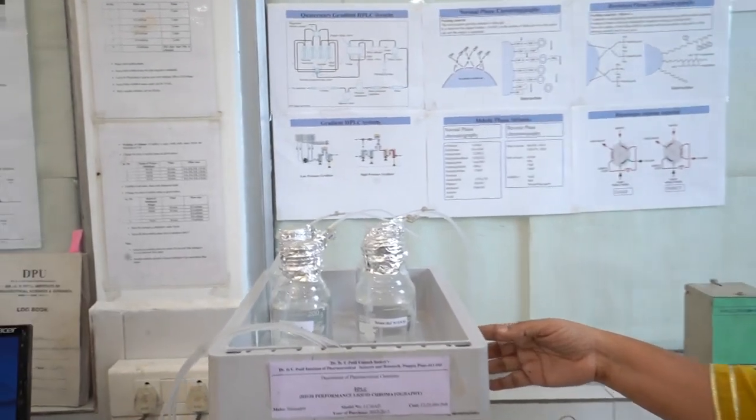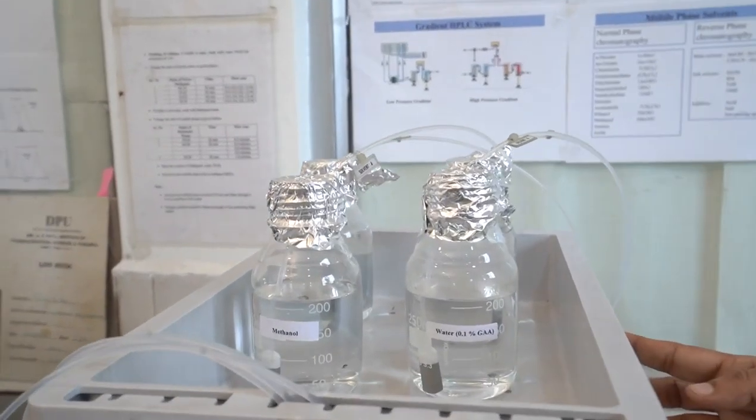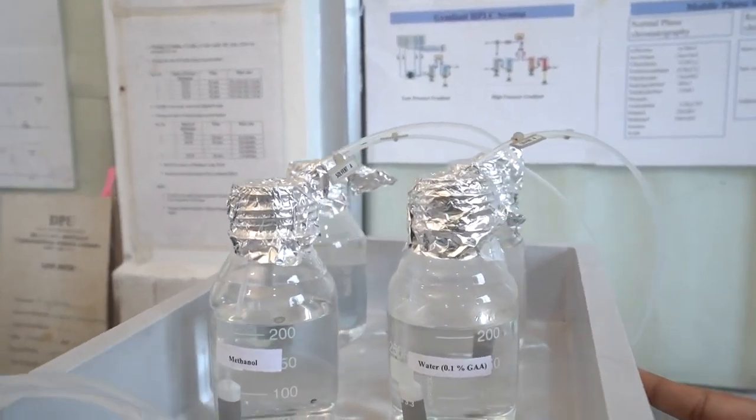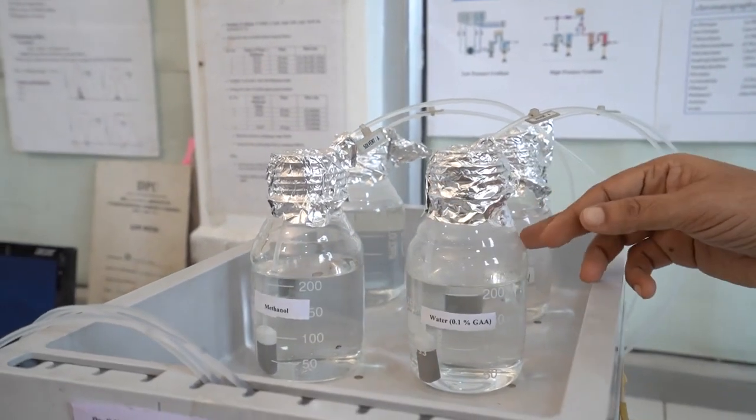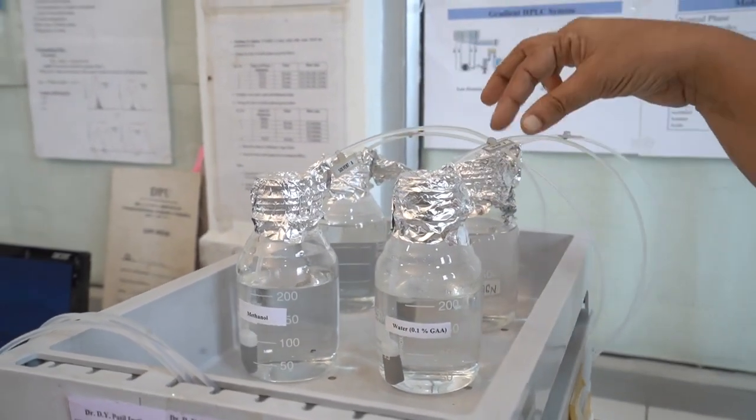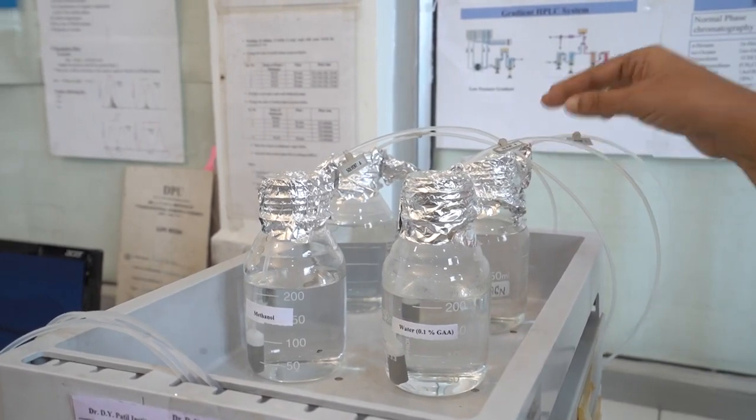The gradient systems are further classified into 2. You have the high pressure binary gradient systems and the low pressure quaternary gradient systems. This is a low pressure quaternary gradient system. You can identify a quaternary gradient system by the presence of 4 solvent reservoirs and 4 inlet tubings.